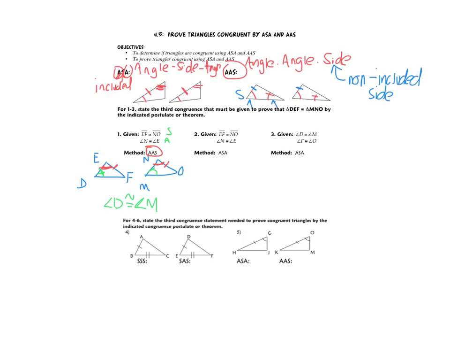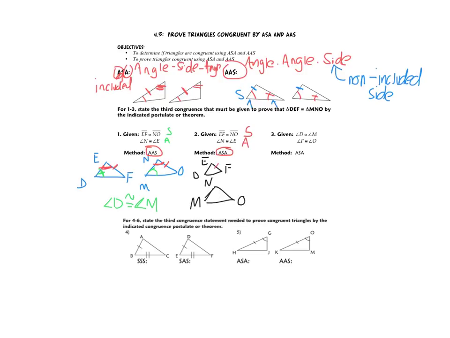Alright, so next one. Again, I have to draw my two triangles, DEF. I'm going to draw them a little bit smaller this time because I'm scared I'm going to run out of room, or I'm going to stack them this way. MNO, they're not beautiful. That's okay. We're not going for beauty here. Alright, so I know I have a side congruent to a side and an angle congruent to an angle. If I want to show that they're congruent by angle, side, angle, that means my last congruency is going to have to be an angle.